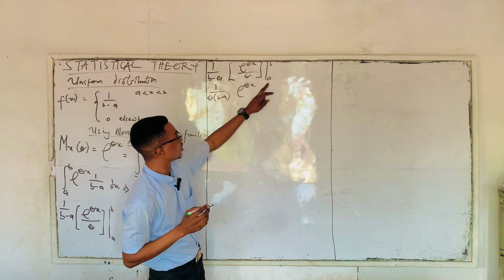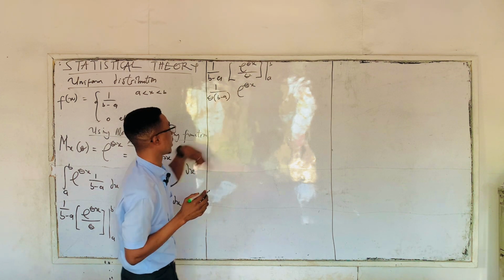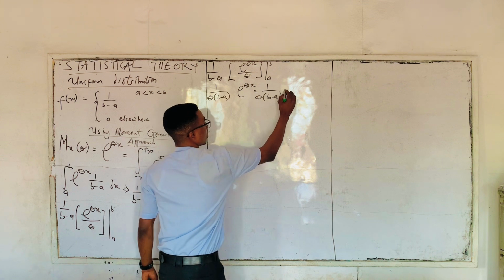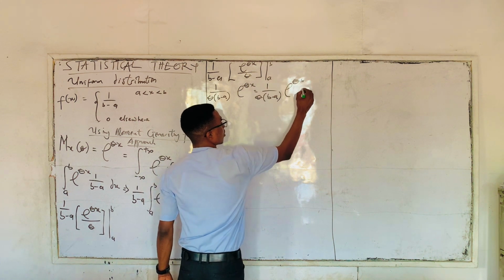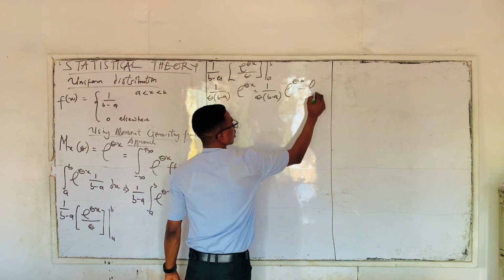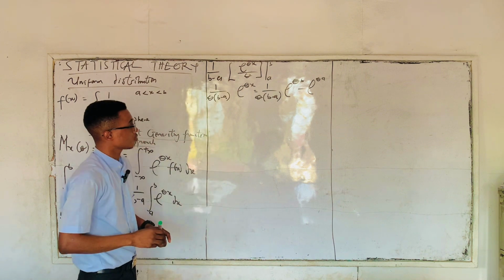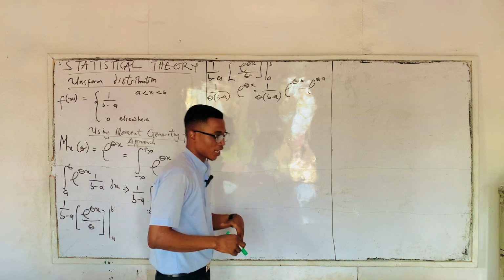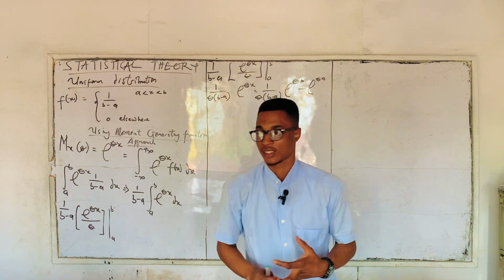Now we need to put our range into the x. So we have 1 over theta b minus a times exponential theta b, the highest, minus the lowest, exponential theta a. Yeah, this is what we get. Now, for us to proceed further, we need to use the idea of Maclaurin's series.